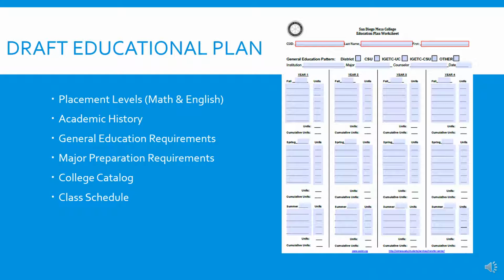Some helpful tools to have close by would be the college catalog and the class schedule. When you have all these tools available, you can begin to complete your educational plan worksheet, where you can develop a semester by semester plan.